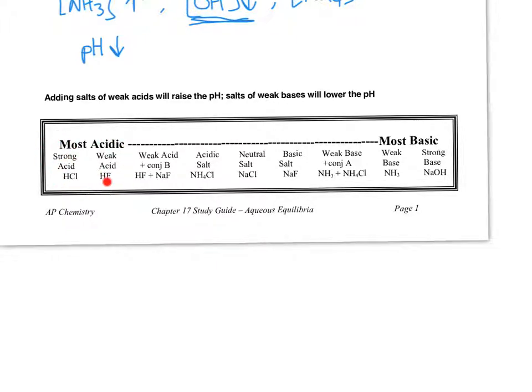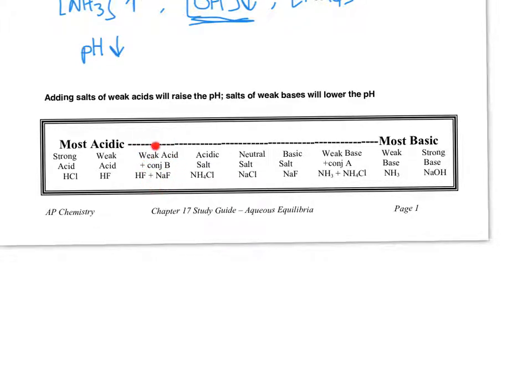Then if I have weak acids, we're going to add this now. So if I have a weak acid with its conjugate base, meaning really a weak acid with its salt, for example, HF is a weak acid, F minus would be its conjugate base or its ion or its salt.